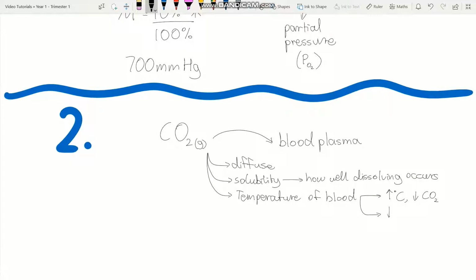If the temperature is lower, CO2 will be able to diffuse to a greater extent. This is also related to Dalton's law in that the amount of gas in a solution is directly proportional to the partial pressure.